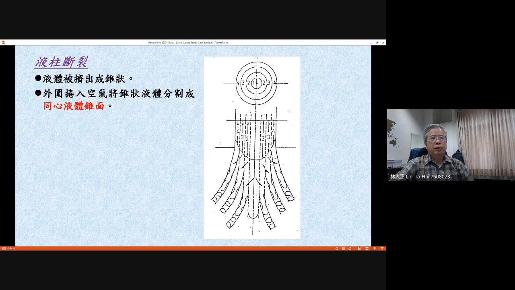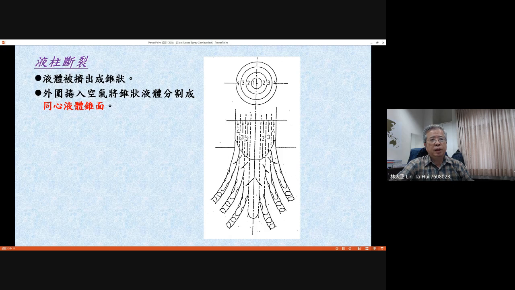Then you will see that when all the liquid impinges out at the exit plane of the surface, you will find it spreading into a so-called cone. And this cone basically contains several layers, okay, because they have different velocities.